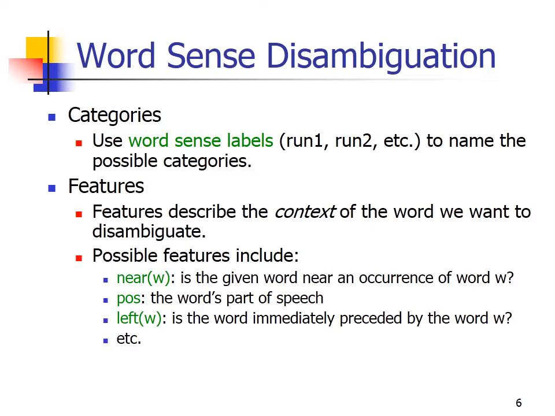Features describe the context of the word we want to disambiguate. Possible features include near: is the given word near an occurrence of word W? For example, here there are 3 features for the word. One is near, the second one is POS, the third one is left. You can have more, but these 3 are the features.